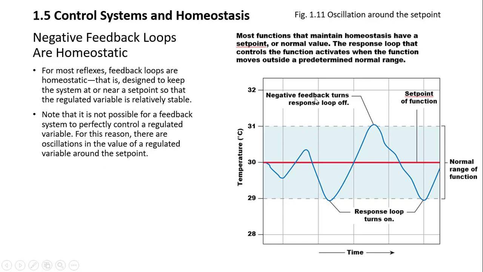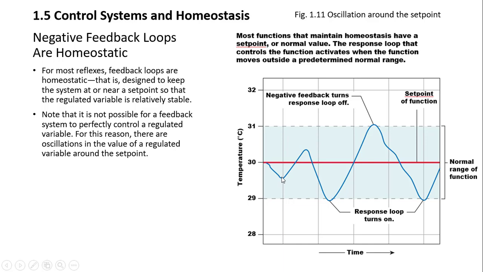So for example, here, let's go back to our idea of having a temperature-controlled aquarium. Now, if you had a very sensitive temperature monitor, you'd see that the temperature actually oscillates around the set point. The set point is 30 degrees Celsius, yet the temperature will sometimes drop below. So this occurs, there's a little bit of a lag.